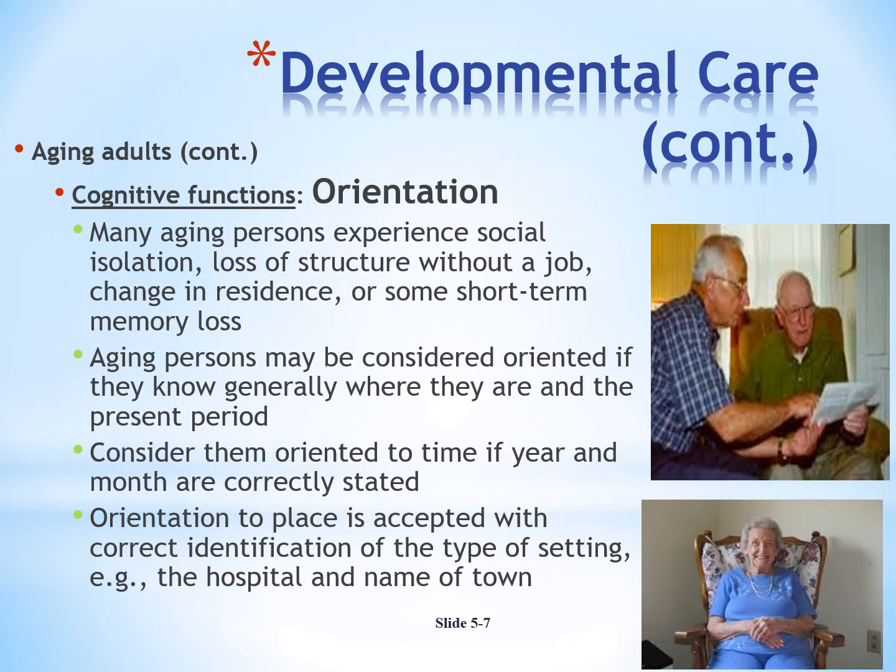So for cognitive functions like orientation, when we're assessing that in an older person, it's generally considered that they're oriented if they sort of know where they are. So we're not very specific when we ask a person, do you know where you are today? If they tell you, they don't have to tell you the exact place, like I am in a school in Orange Park.